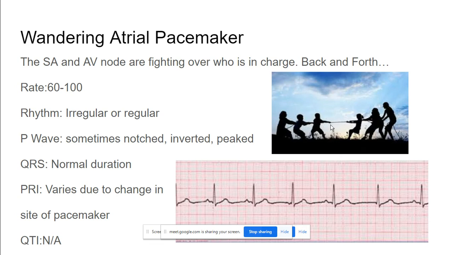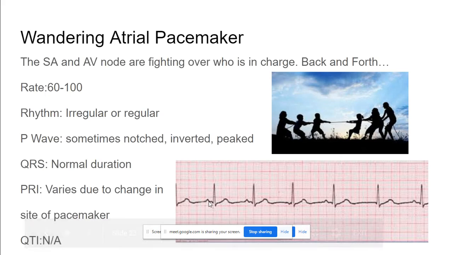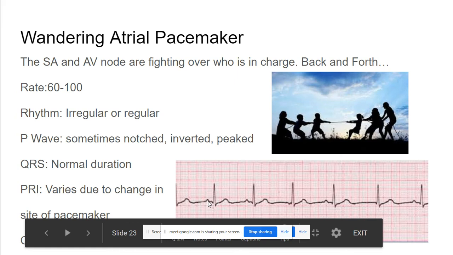So what that looks like is the P waves are different. So here the SA node was in charge. Here the SA node was in charge, but look how peaked that P wave is. Then this one, there's either a retrograde or a deflected P wave, or maybe not even a P wave. Then you get a normal one. Then you get no P wave.